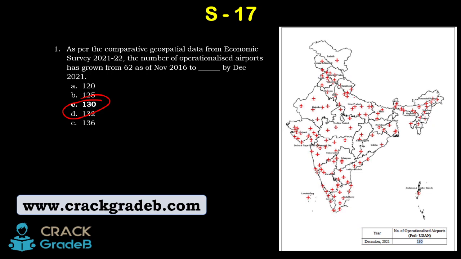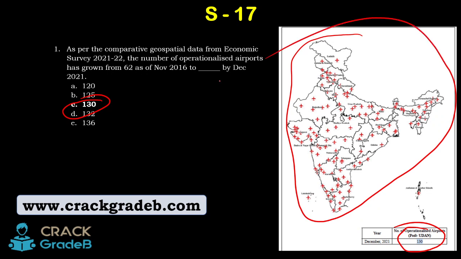This is also data from geospatial. So 130 has been marked from satellite imaging. Although this can also be done based on locations, because the government already knows which are the functional airports, still the technology is being used.